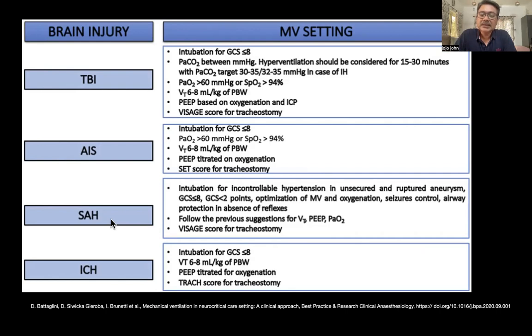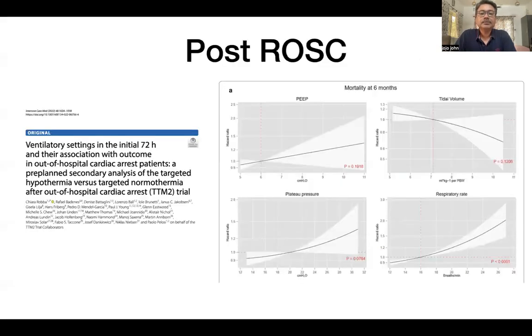And the standard of care in this patient is to have a ventricular drain, and ICP because of that is not a major issue as in TBI patients.